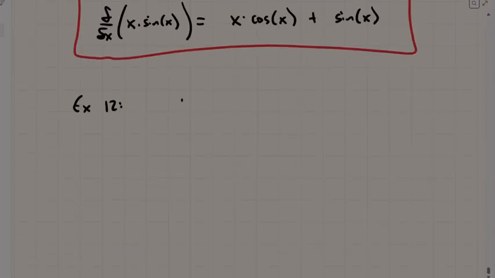All right. So example 12. Use the same limit method to find the derivative of e to the x times cosine of x. Well, we will start by finding f of x plus h.